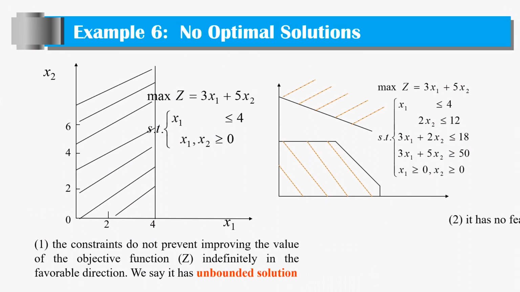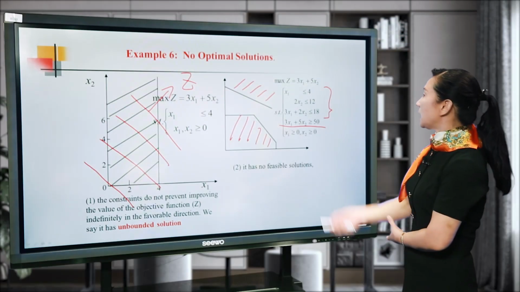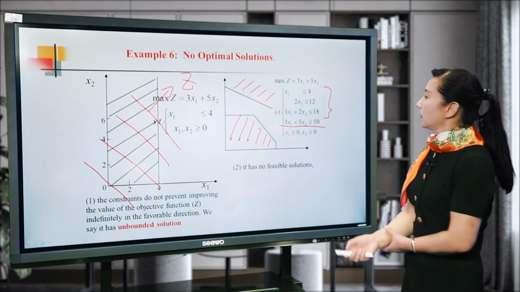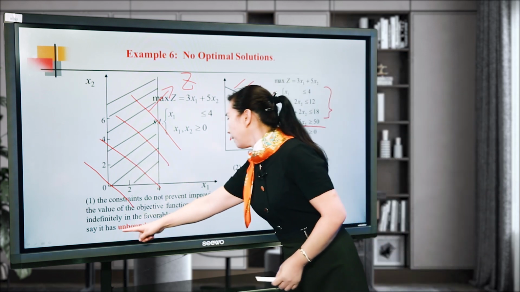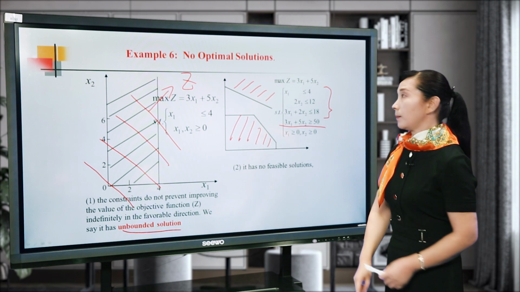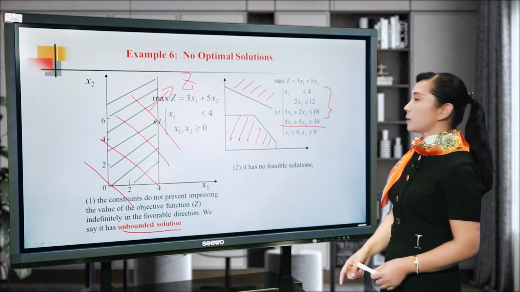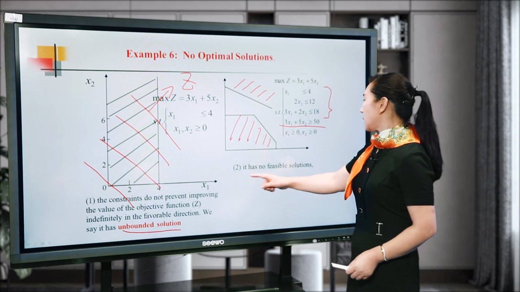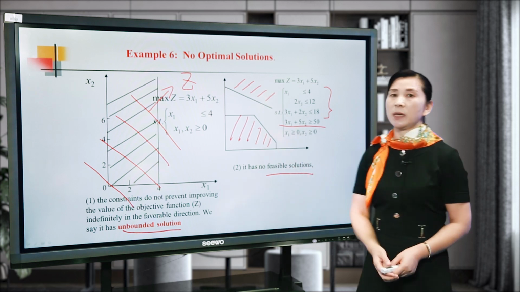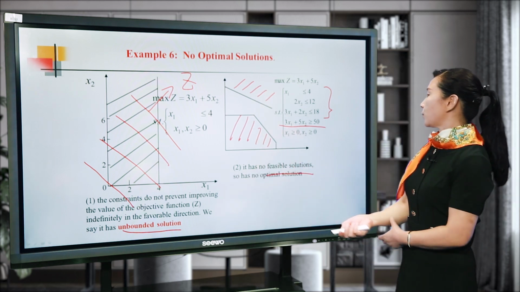So it has no feasible solution, and so this problem has no optimal solution. So in these two examples, we know the problem may have an unbounded solution, with no optimal solution, or the problem has no feasible solution, so no optimal solution.